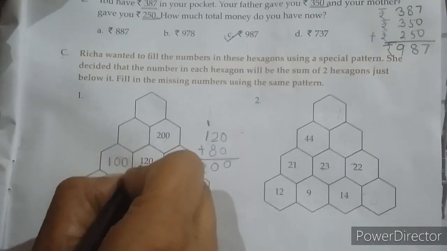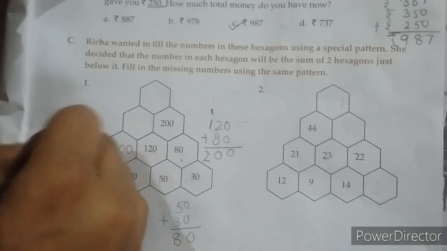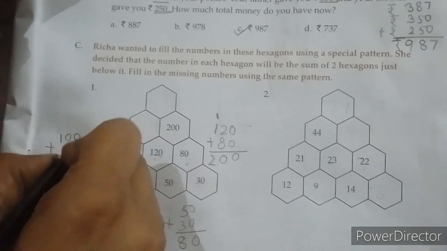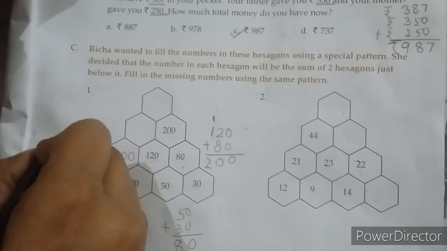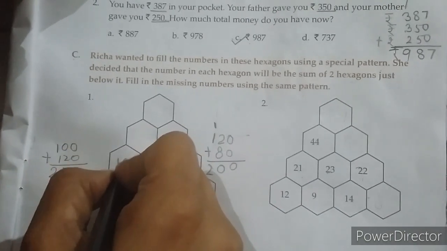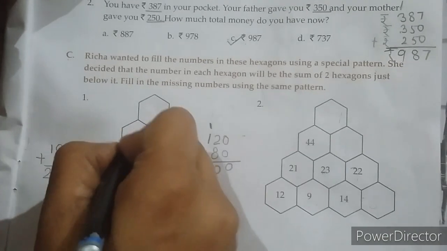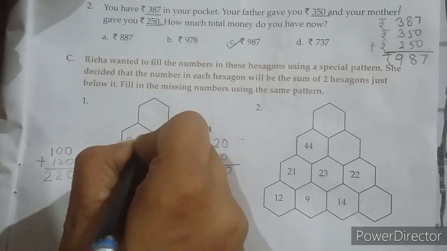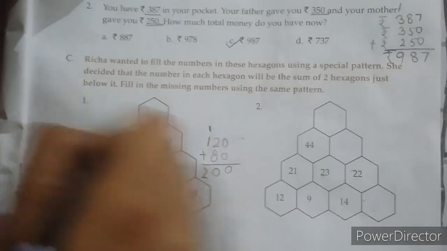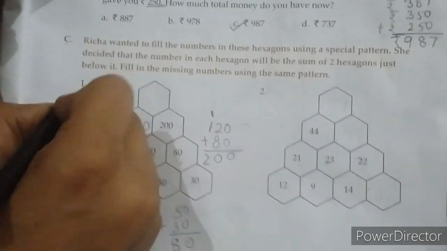Now 100 plus 120. 100 plus 120 is equal to 0, 0, 0, 0 plus 2, 2, 1 plus 1, 2. So 100 plus 120 is equal to 220. Now students, add 220 plus 200.